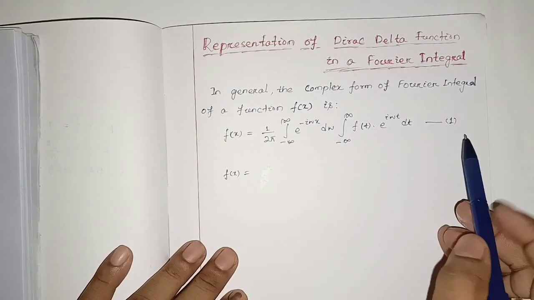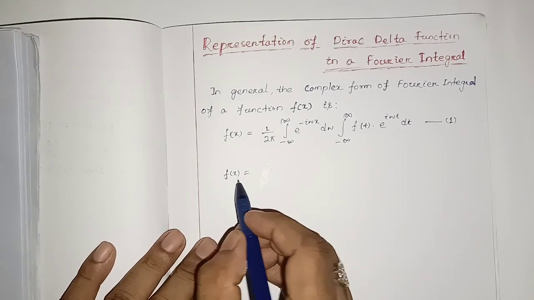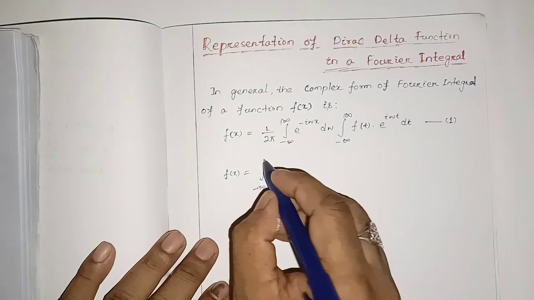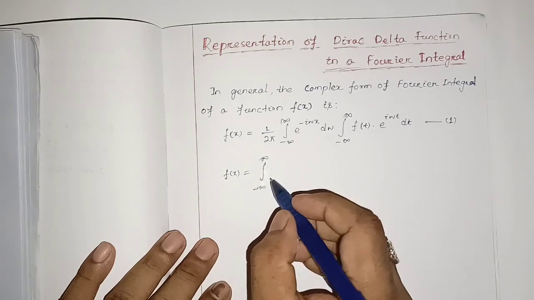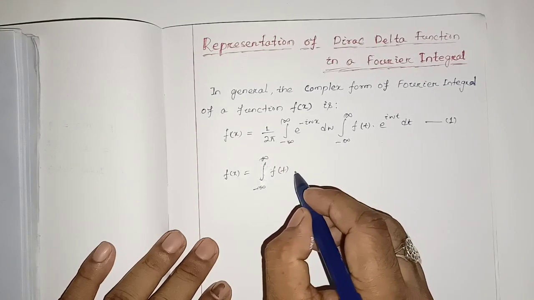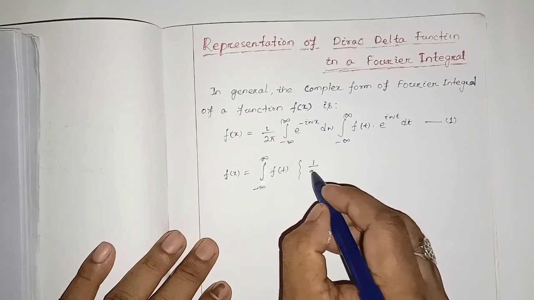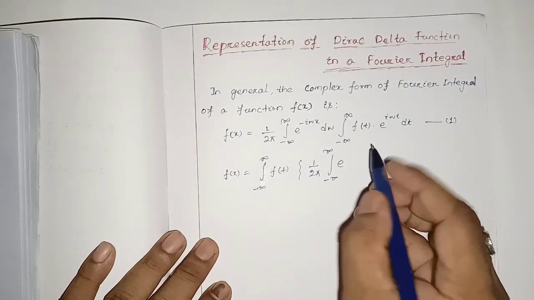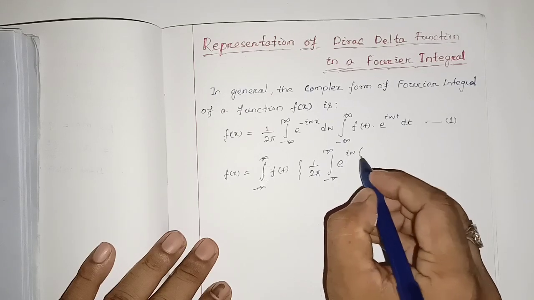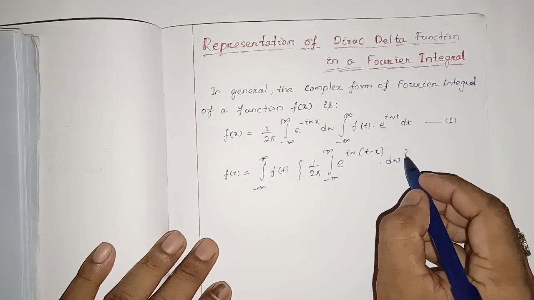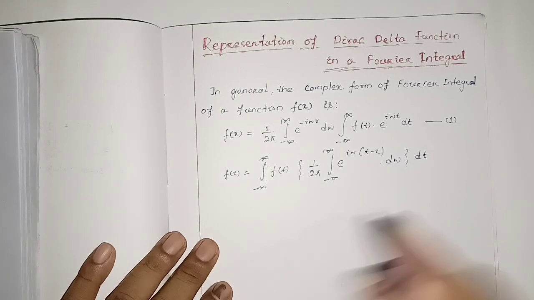This equation number 1 can be rewritten as f(x) equal to the integral from minus infinity to plus infinity of f(t), then whole into 1 by 2 pi integral from minus infinity to plus infinity of e to the power i omega (t minus x) d omega, whole into dt.